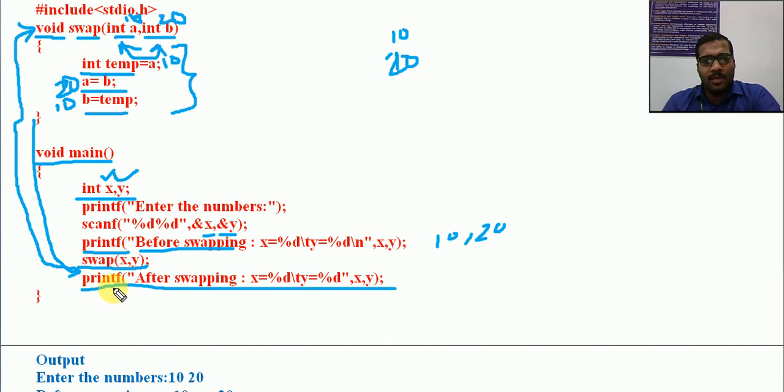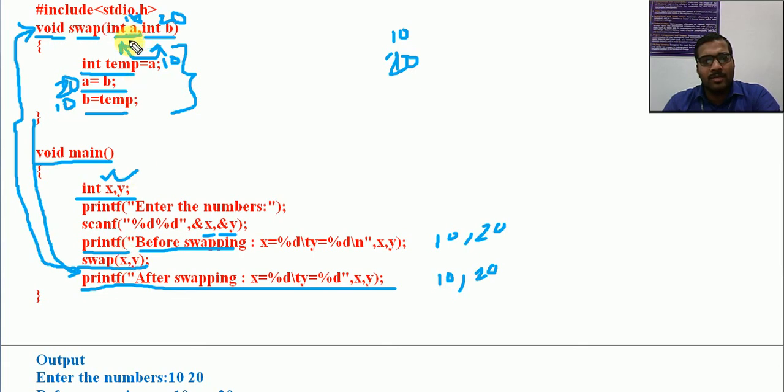Then I am printing with printf after swapping. x is equal to, you may expect 20 comma 10, but the value will be 10 comma 20 again, because I am calling swap of x comma y, swap of 10 comma 20. It is simply copying this x into this location for a.